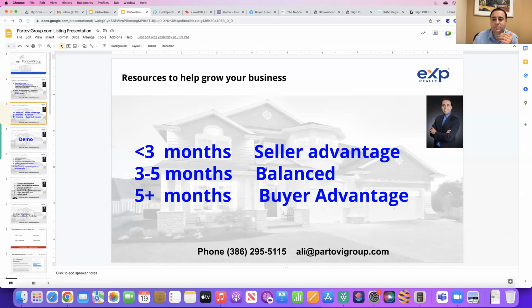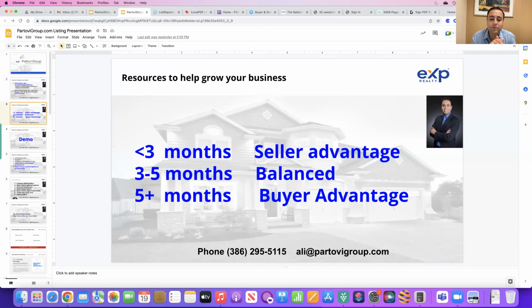So right now, a lot of fear is being created that we're slowing down, that the market is going towards a buyer's market. Well, let's take a look at the numbers. And you will see that, in fact, even though we've slowed down, we're still in an extremely heavy seller's market.